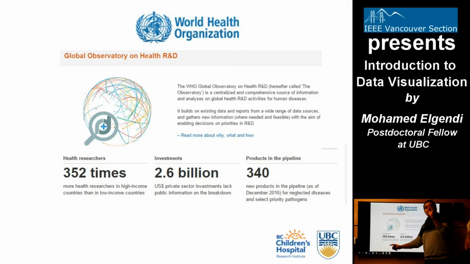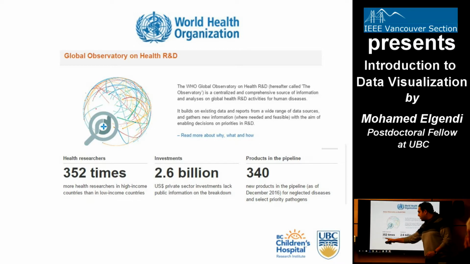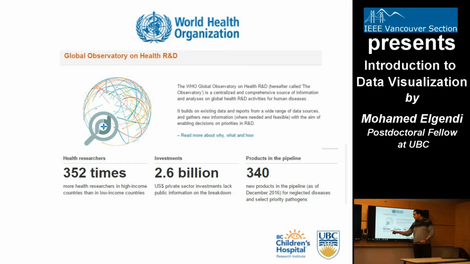They say it's 352 times more health researchers in high-income countries than in low-income countries. It is simple. They've done some data analysis, and the result is just one value. It is so effective. Oh my God, 352 times. That's enough. You don't need to do more. You don't need to have a pie chart or.